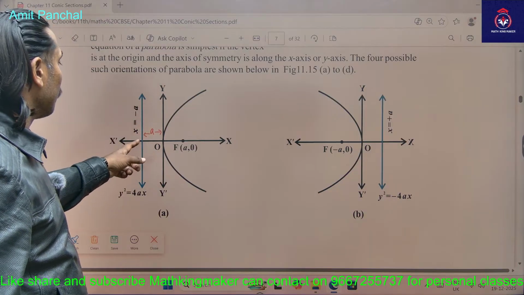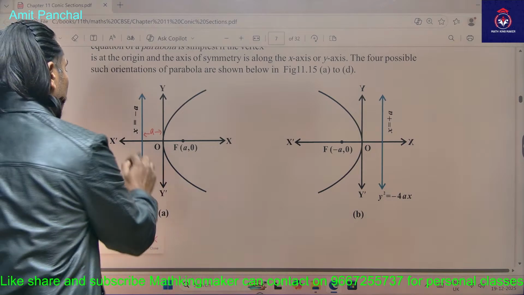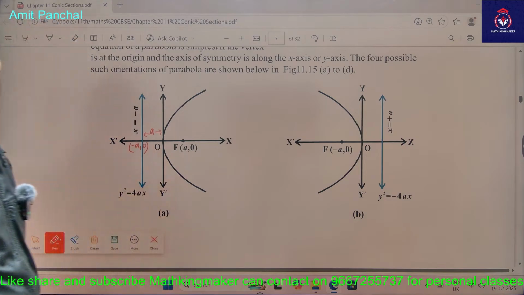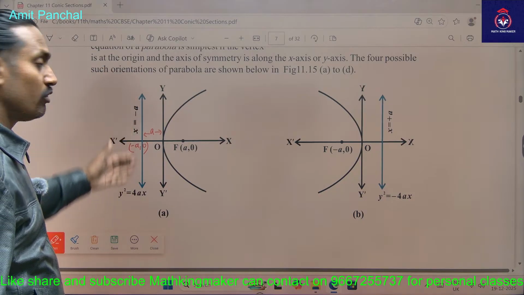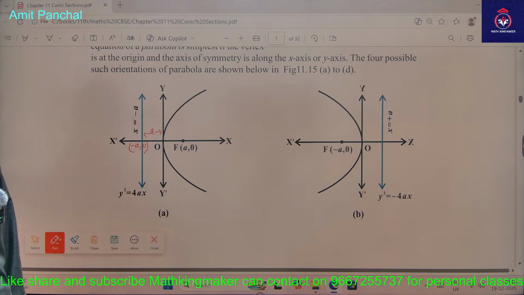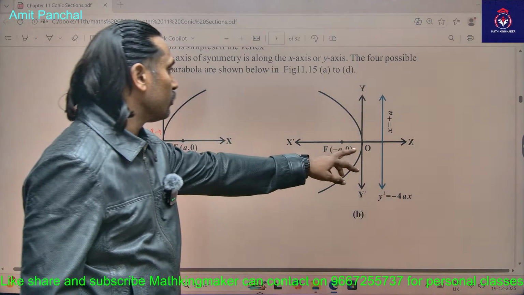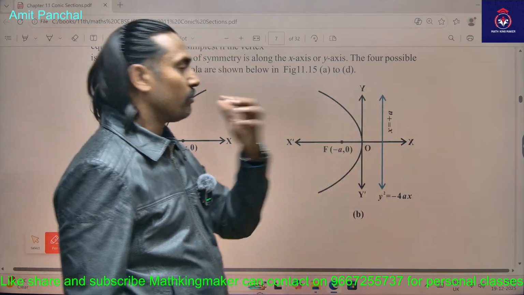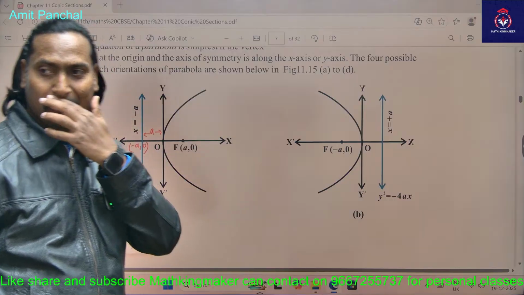It is passing through minus a, 0, isn't it? So its equation will be x equal to minus a. And in this scenario, your directrix will be x equal to plus a.